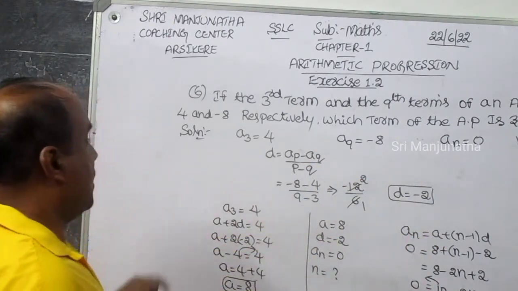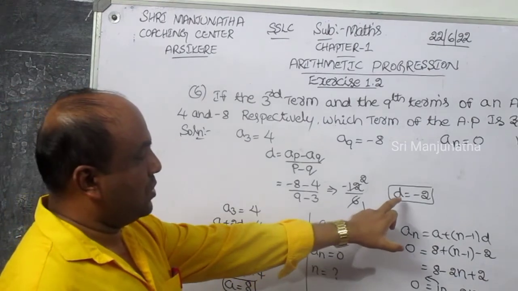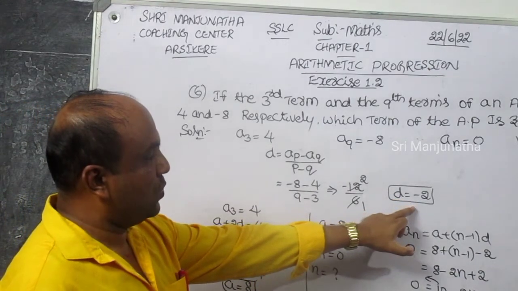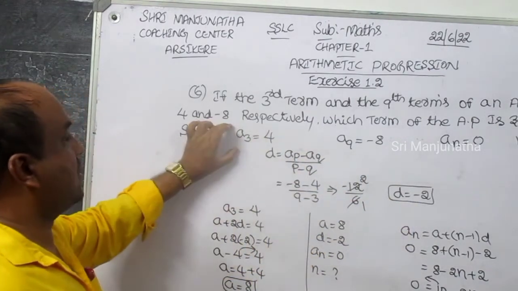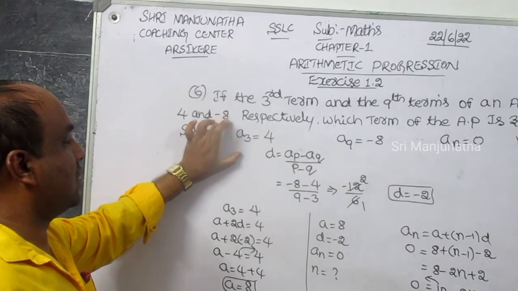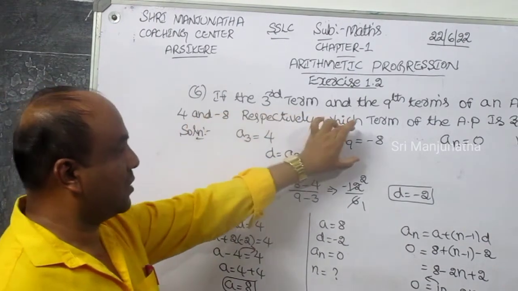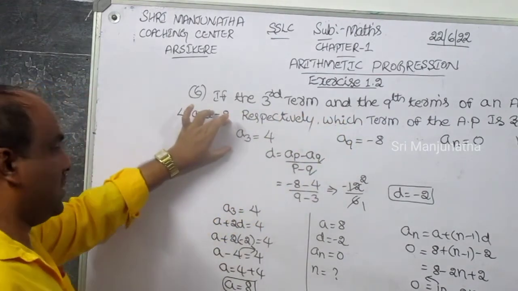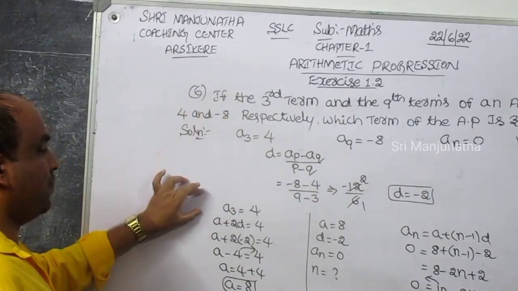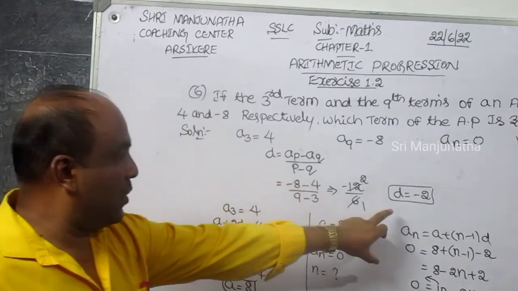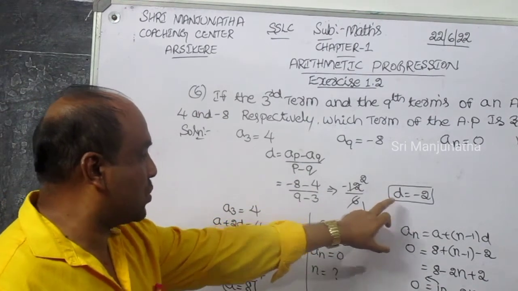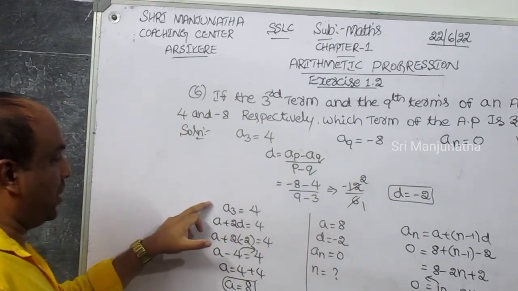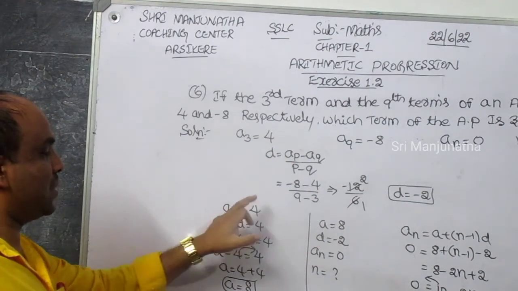Minus 2. Substitute this d equals minus 2 in either the third term or the ninth term. For my convenience, I take the easy one. a3 is equal to 4. I have to substitute the value of d equals minus 2 in the third term only. The third term is a plus 2d is equal to 4.